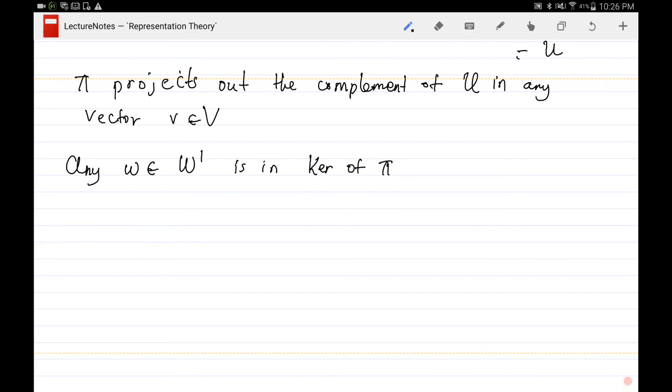So what we want to show for the next step is that pi is actually a representation homomorphism. And then by the lemma we proved earlier, the kernel is a sub-representation space.